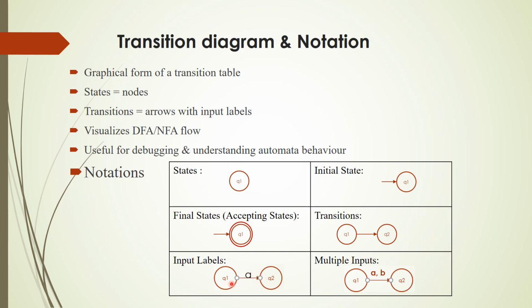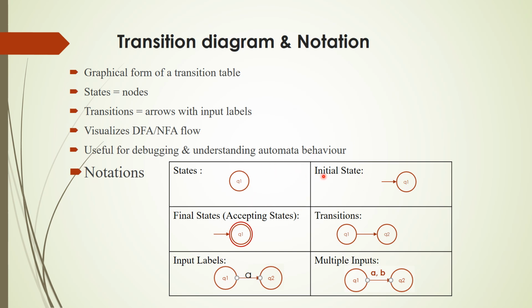In this example, the transition from Q1 to Q2 happens with input label A. Similarly, there can be multiple inputs. If multiple input symbols cause the same transition, they are listed separated by commas on the same arrow. In this diagram, the transition from Q1 to Q2 happens with multiple input labels, A and B. We can use this notation in our example.